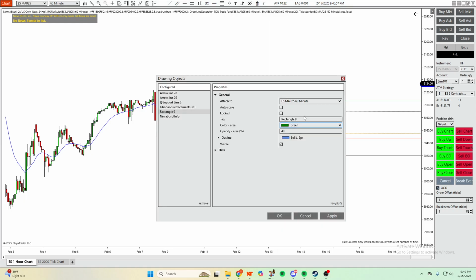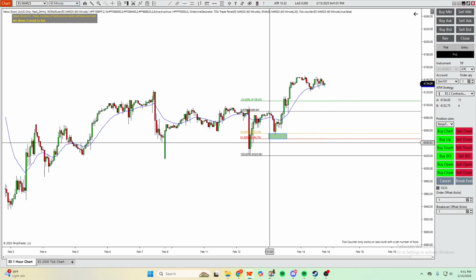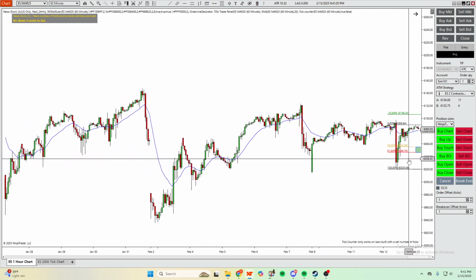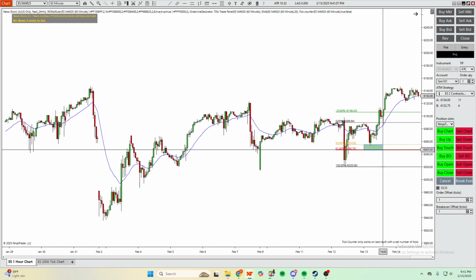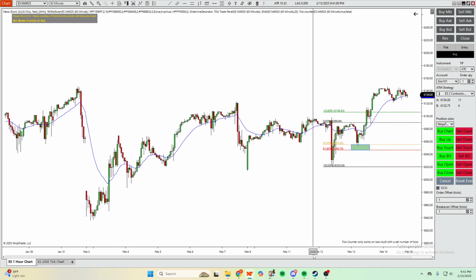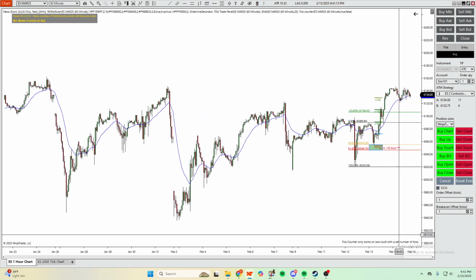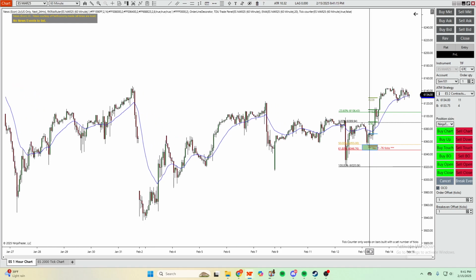Let's make this green for support, and we'll have it shown on all charts. Now, obviously, if you didn't know that it was there, you just basically extend it all the way across until it hits that level. And that's a key area of support. It's that 50 to 61.8 area. Now, to get in on this bull bar is almost 80 ticks. That's 20 points. That's $1,000 with one contract, right?